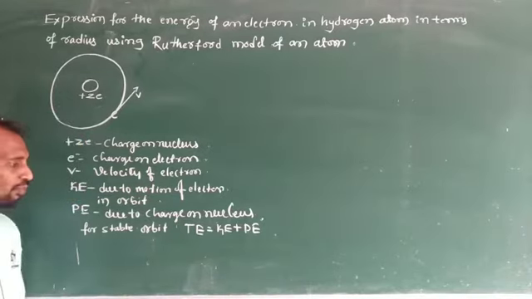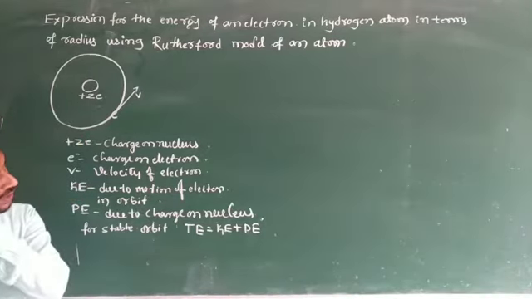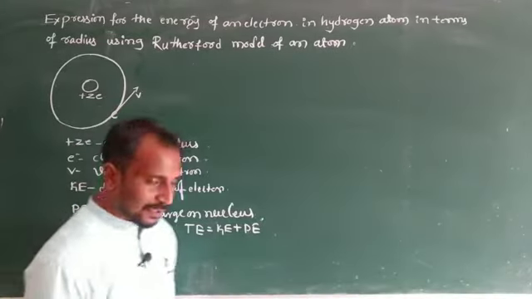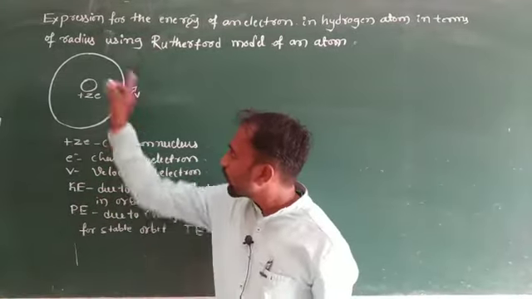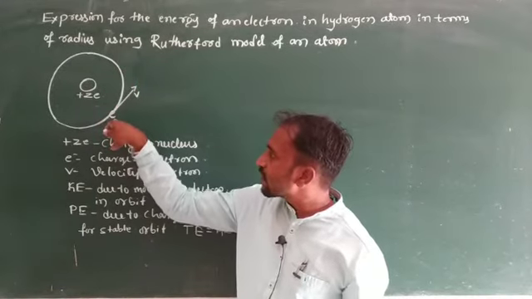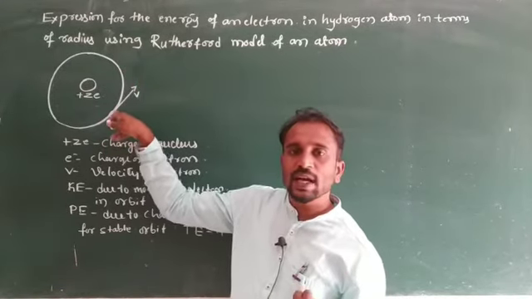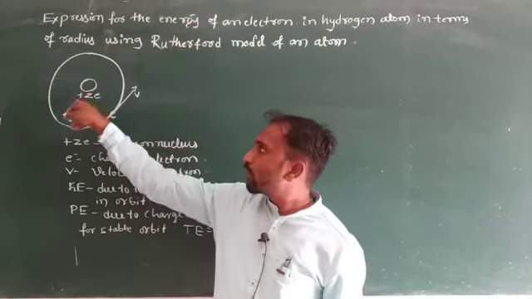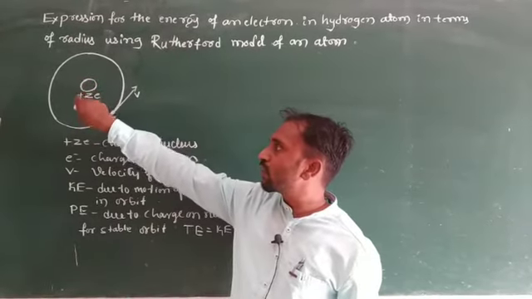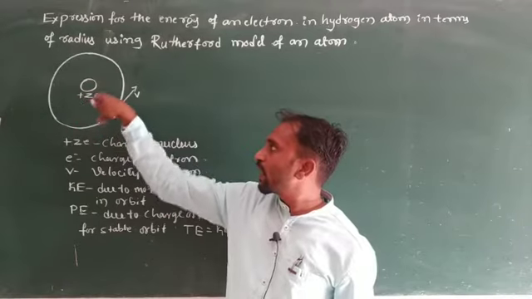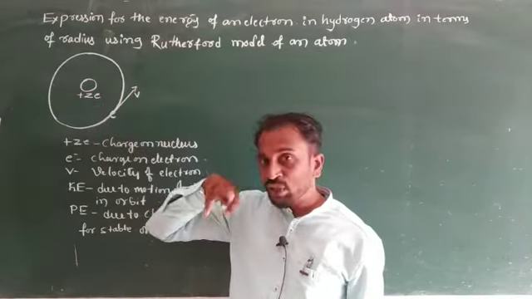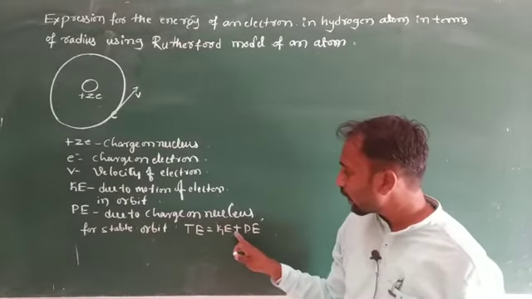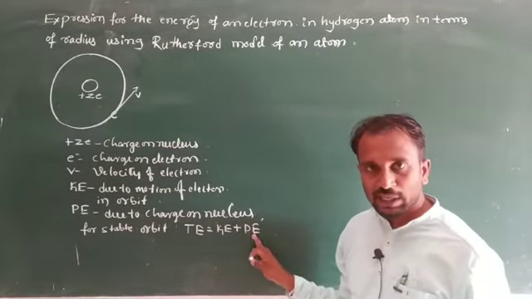The electron gains kinetic energy due to its motion, and because of the charge on the nucleus we get potential energy. So the total energy for a stable orbit is kinetic energy plus potential energy.